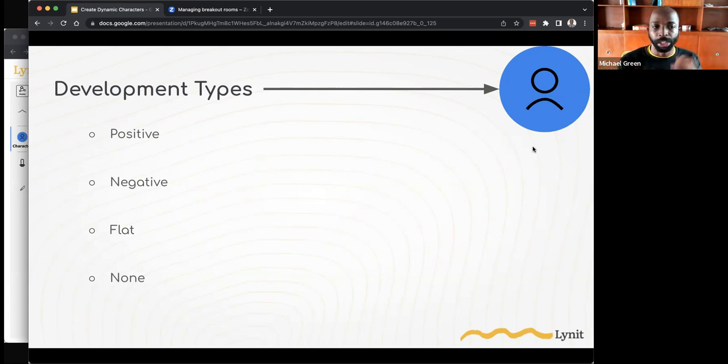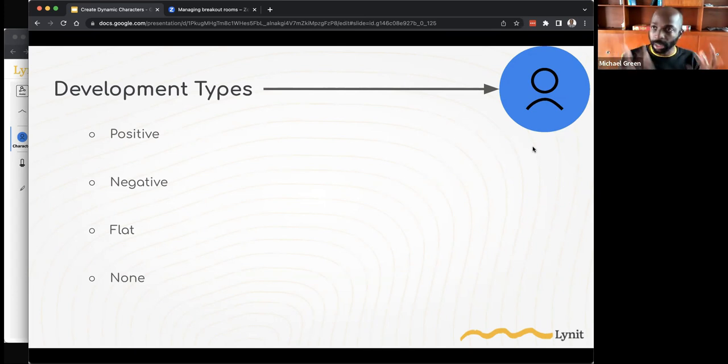For example, for a character like Sherlock Holmes, in most of the stories that he's in, I'm not reading all of them, but its development type is none, right? How Sherlock Holmes is introduced in the first scene is pretty much who they are through the end, right? He's not rejecting or getting closer to their internal challenge, nor are you learning deeper levels of Sherlock Holmes.